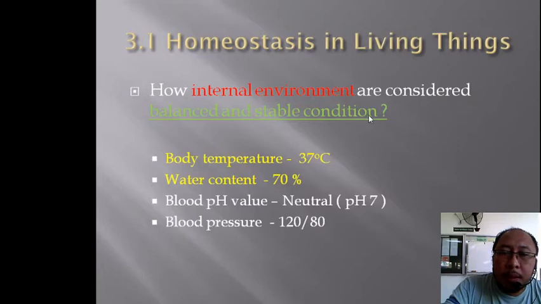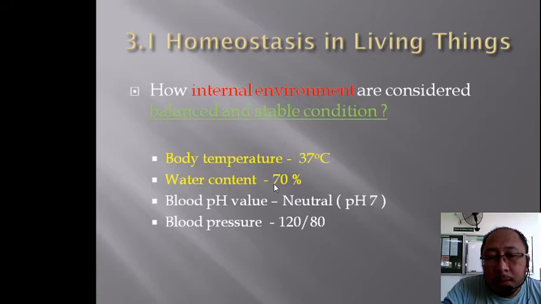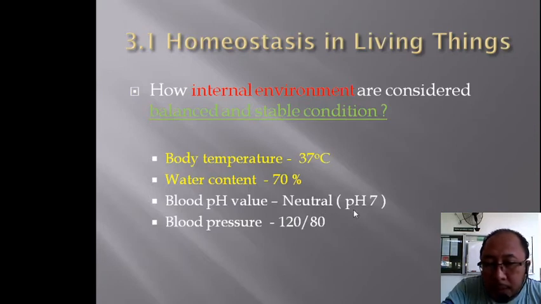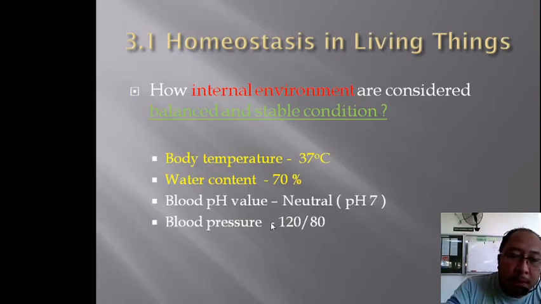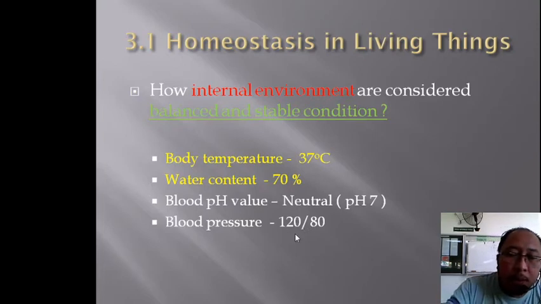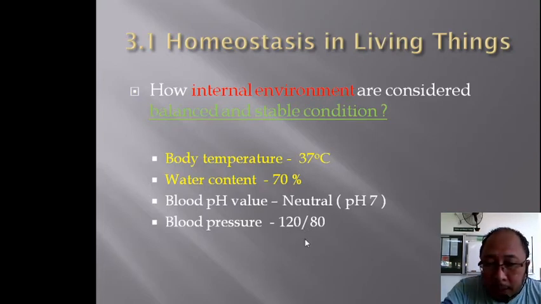How is internal environment considered balanced and stable? First one, body temperature must be 37 degrees Celsius. Water content must be minimum 70%. Blood pH value must be neutral, that is pH 7. And blood pressure is around 120 per 80.